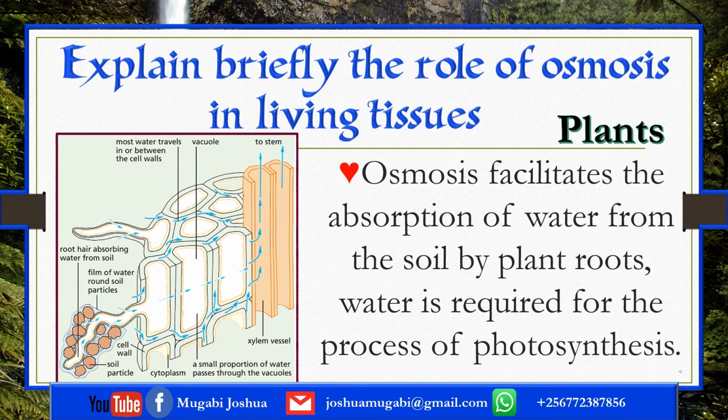This water will move through the root hair to the next cell by means of osmosis, until it moves to the xylem, where it will be transported up the plant. So osmosis facilitates the absorption of water from the soil by plant roots, and this water is carried to different parts of the plant where it is required for the process of photosynthesis.